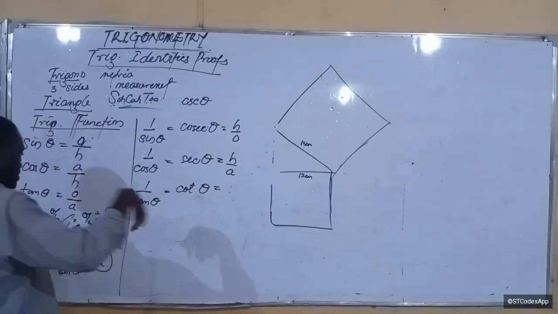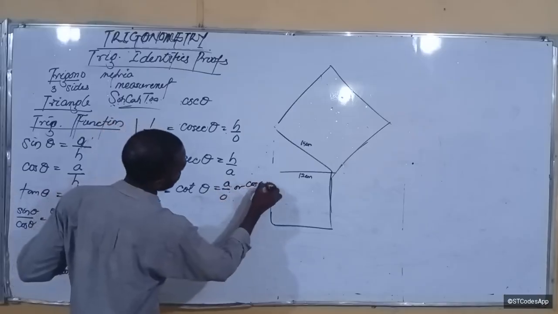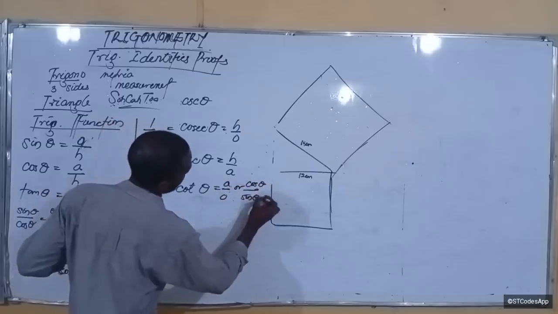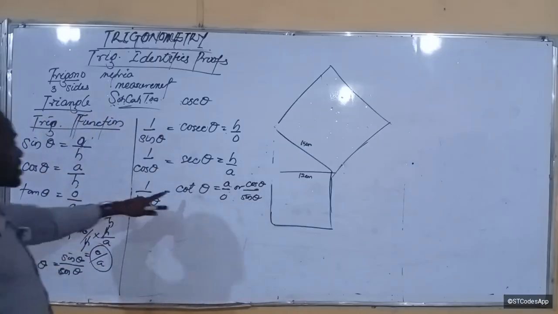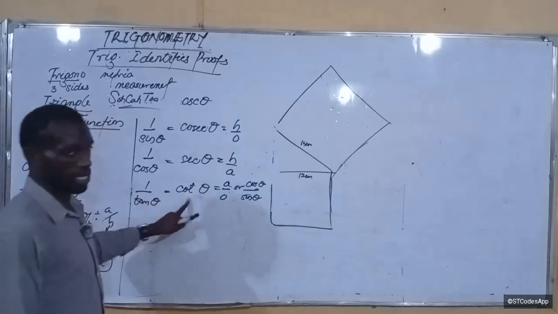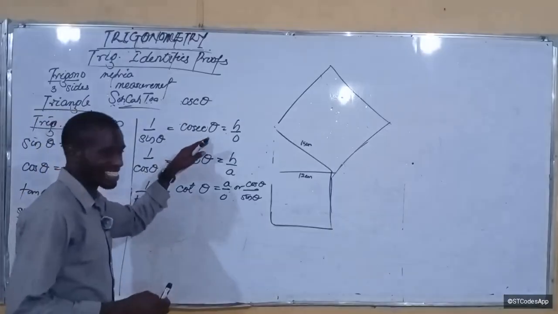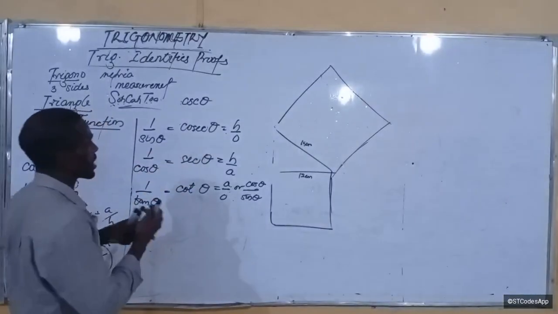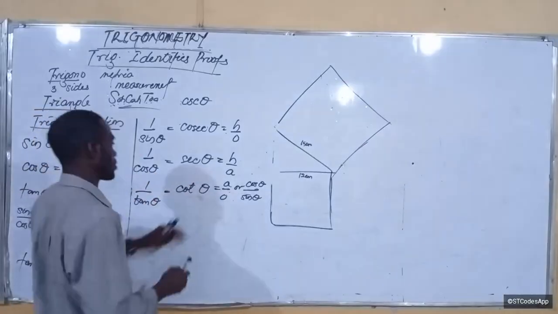That would be the reverse, which is A over O, or cos theta over sine theta, since we just found that sine theta over cos theta is tan theta. So if you reverse that, it's going to be cotangent. Okay? This one means cosecant, this one means secant, and this one means cotangent. Is that clear?